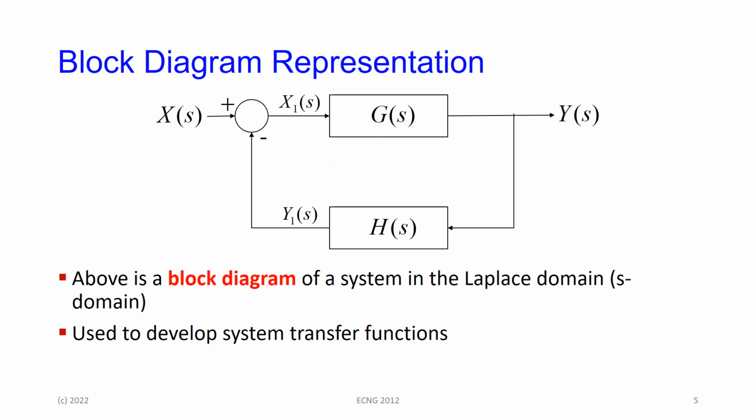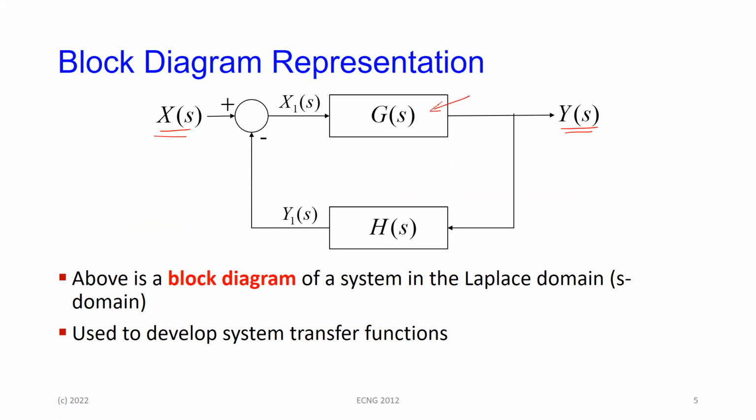What we have is a system. The system has already been represented by its Laplace transform parts. So this is a Laplace transform of the input, the output, and these are some blocks in the system, or components in the system, if you like.